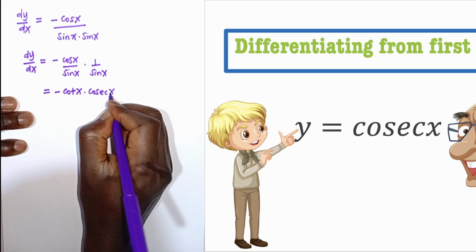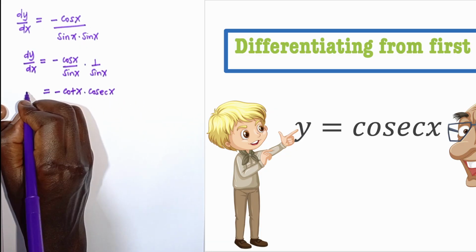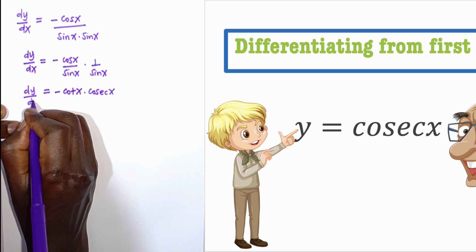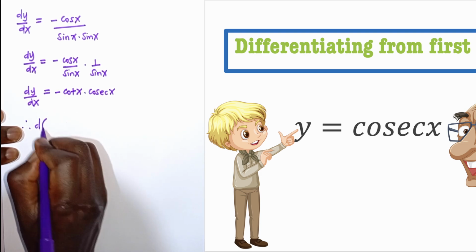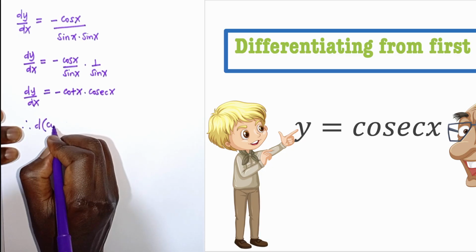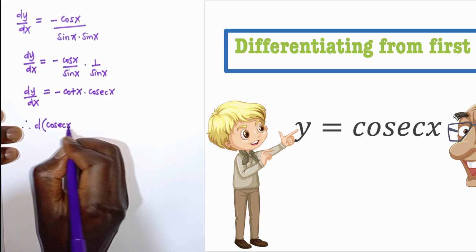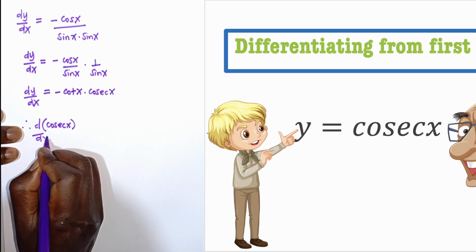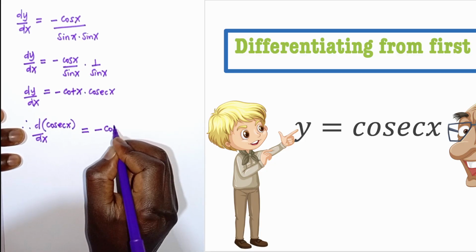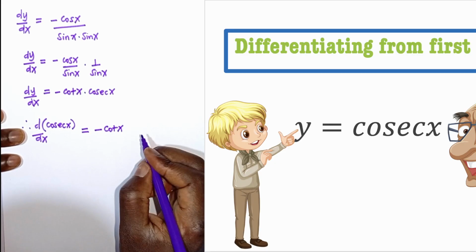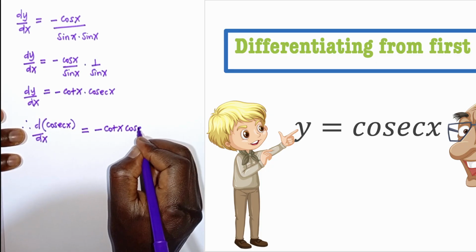So therefore, when you differentiate a cosec with respect to x, you get negative cot x cosec x.